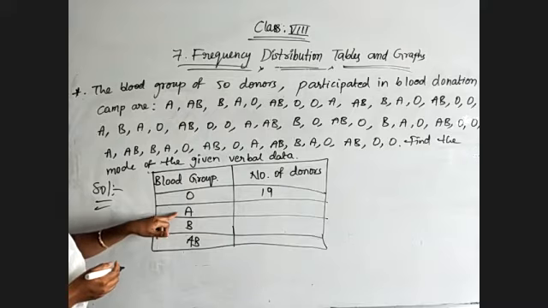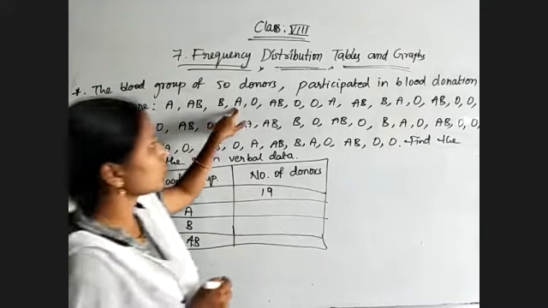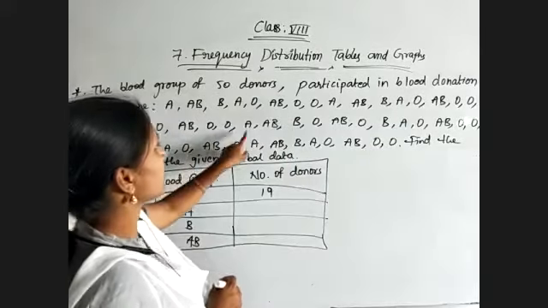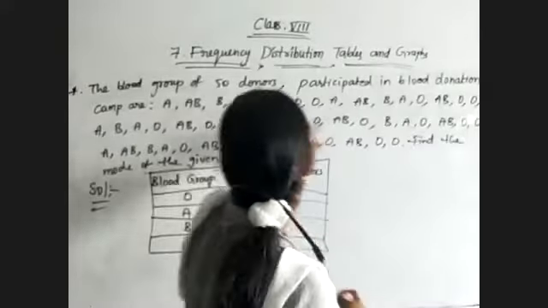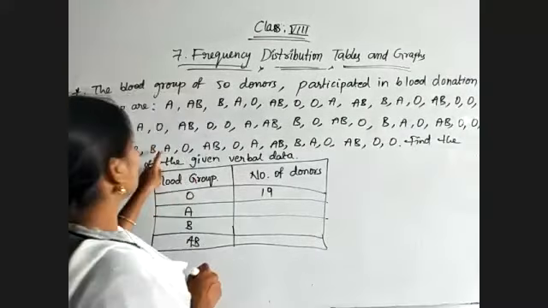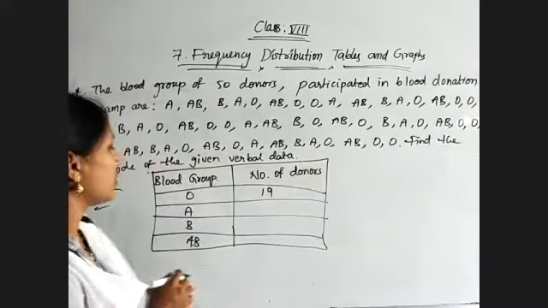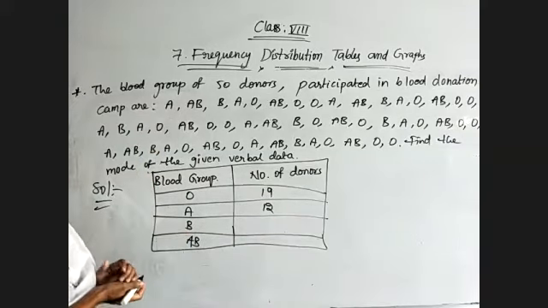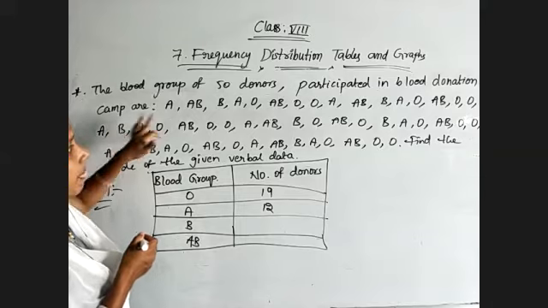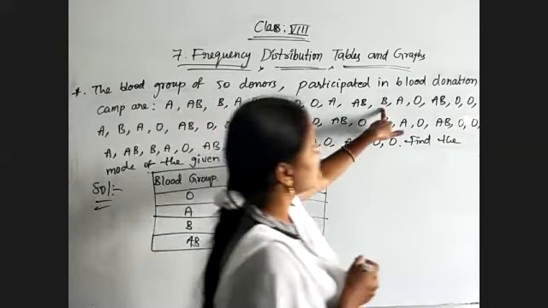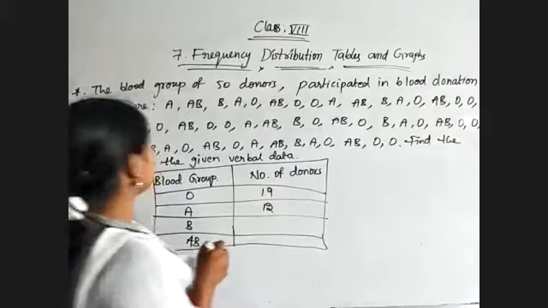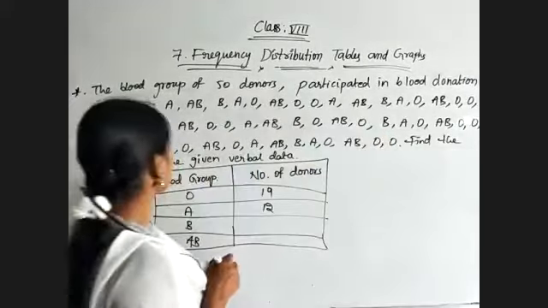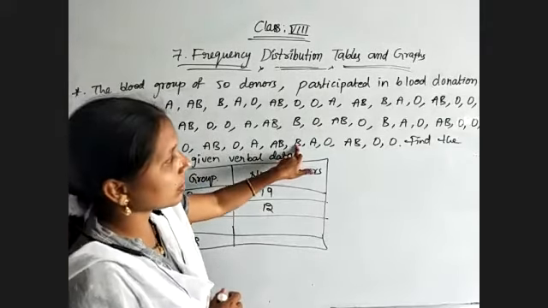And coming to A, one, two, three, up to twelve. 12 members donated with blood group A. Next, B. One, two, three, four, five, six, seven.